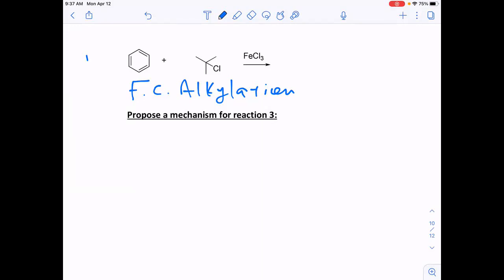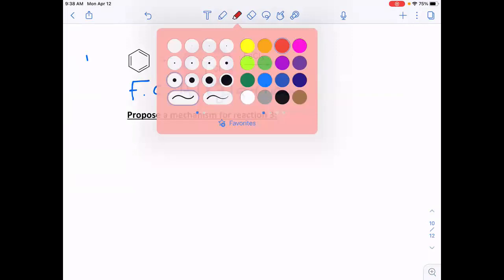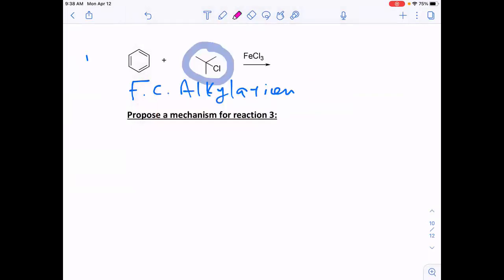So let's see if we could just predict the product. What do you think? What are you looking for when you're doing this electrophilic aromatic substitution? Well, you know your ring is going to be the nucleophile, and whatever this starting material is here, what I'm looking for is the leaving group, right? Because this is all stuff we've done before. So I'm looking for the leaving group, which in this case is chlorine.